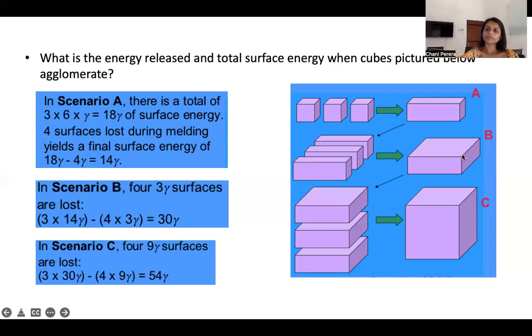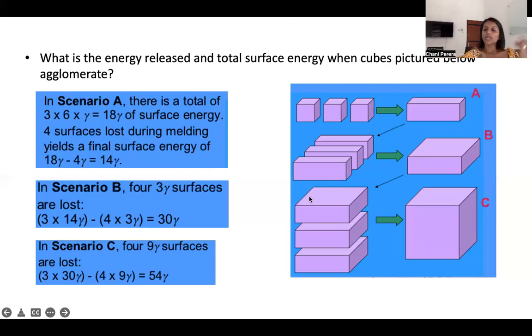Then what we do, we take such blocks shown in scenario B, 3 of them, molding together to come up with the block shown in scenario C. Right, so if you take this one block here, it has a total surface energy of 30 gamma, but one surface will have 9 gamma.